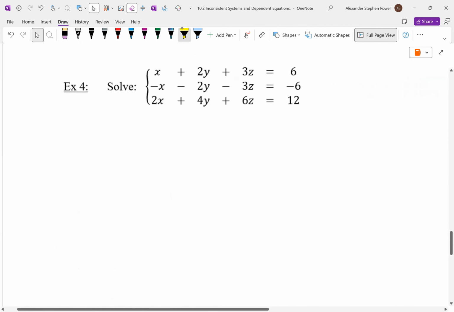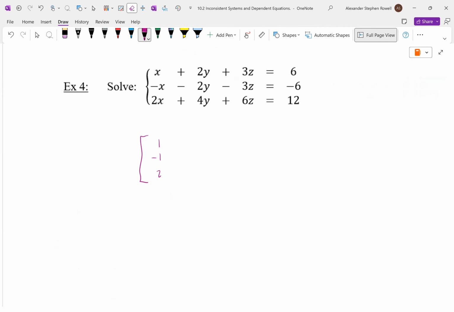All right, let's do this problem. 1, -1, 2. 2, -2, 4. 3, -3, 6. And 6, -6, 12. We want this top number to be a 1 and use that to make these bottom ones zeros.